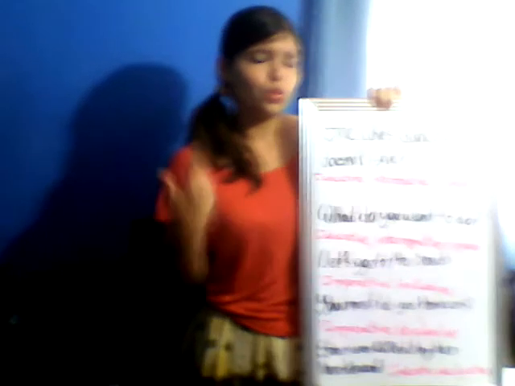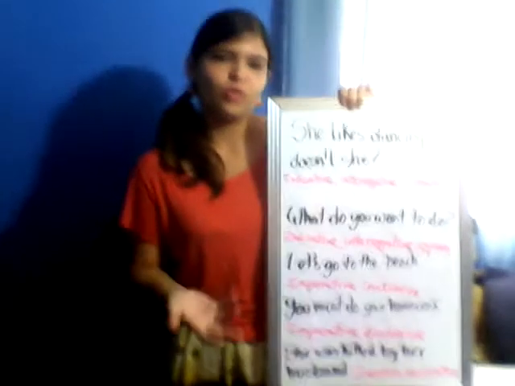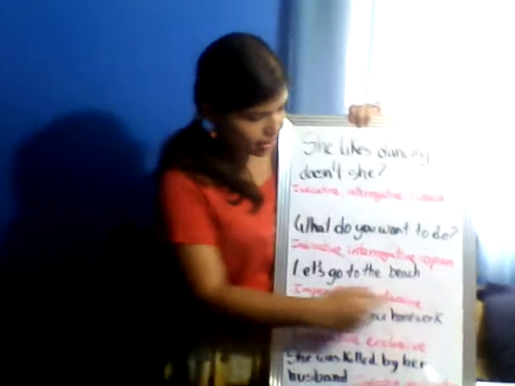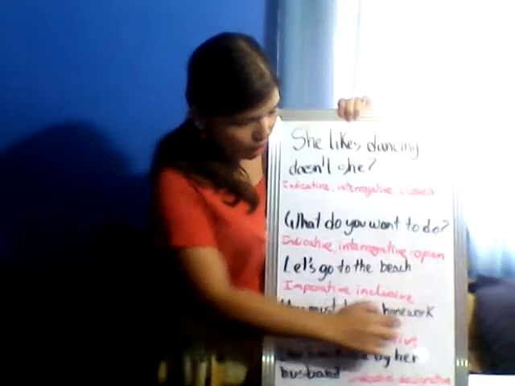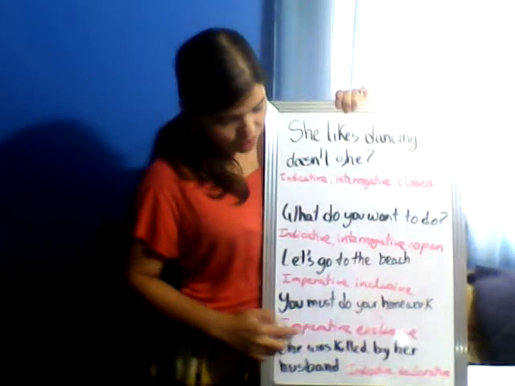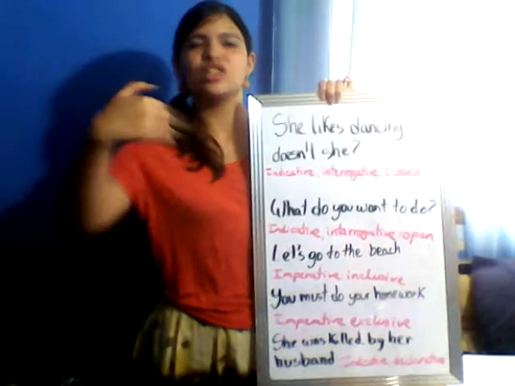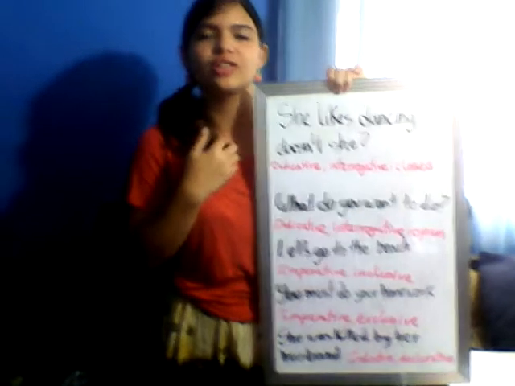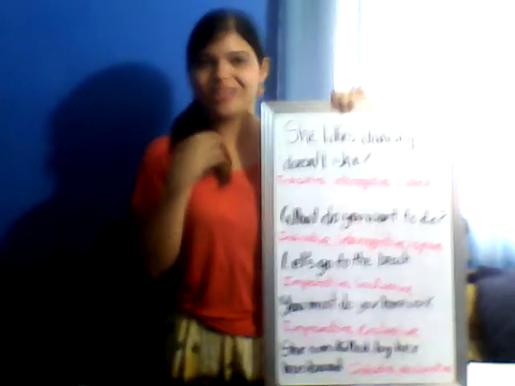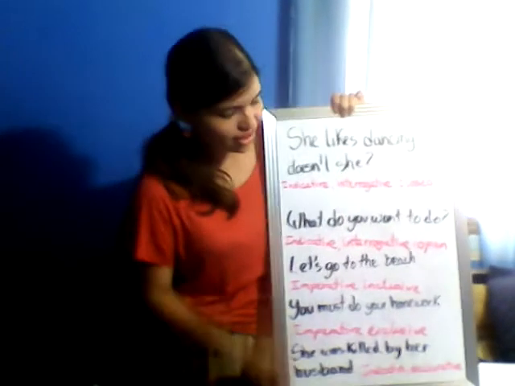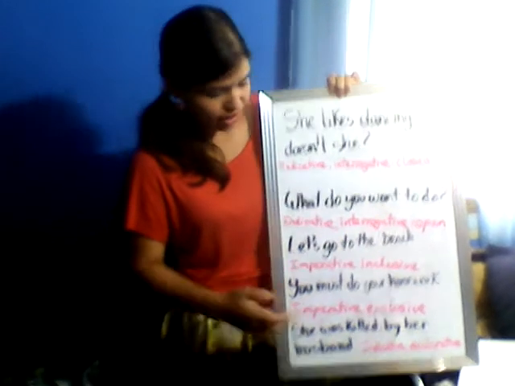When you use we, us, ourselves, you're including yourself in that conversation, and that is why it is inclusive. Opposite to that, we have: you must do your homework. It is also imperative, but in this case it's exclusive because you are not including yourself in that sentence. The person has to do their homework, but you don't have to. That is the difference between exclusive and inclusive.